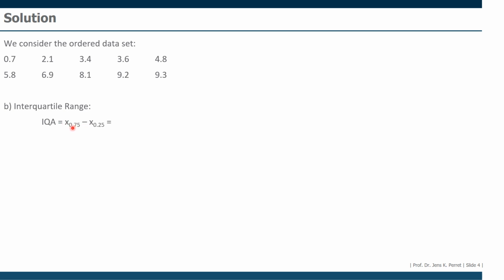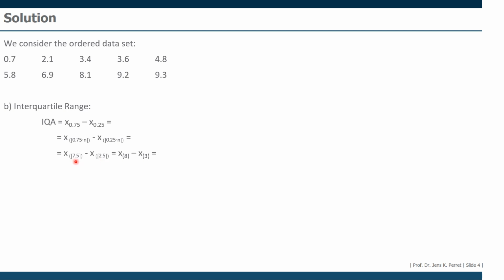So I'm going to calculate these two quartiles, and I'm going to do this by first multiplying each of those percentages with the number of observations. Here I have 10 observations in general. So 0.75 times 10, 0.25 times 10 gives me 7.5 and 2.5.